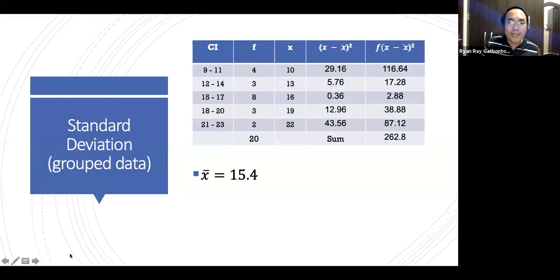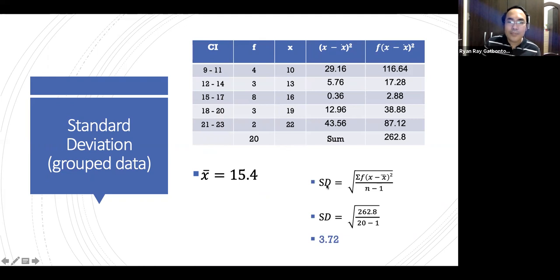Now, to find the standard deviation of our group data, again, we look into our mean. As we solved in our previous video, the mean of this particular group data is 15.4.